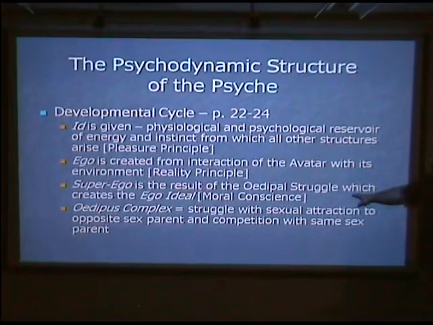The superego is the result of the ethical struggle which creates the ego ideal, and that is our moral conscience. The superego is not universal. I mean, the structure is universal, but the actual conscience is not. The contents of that conscience. So there is a different moral structure for us living in America in the 21st century than there is for an Aborigine living in Australia at the same time.